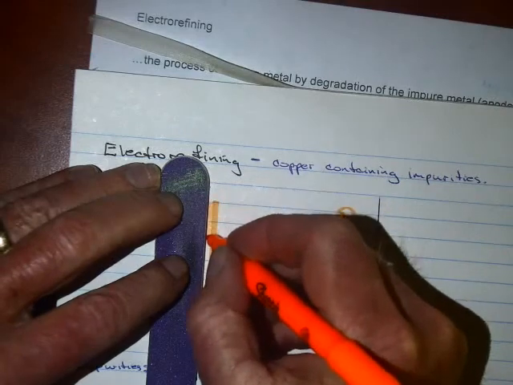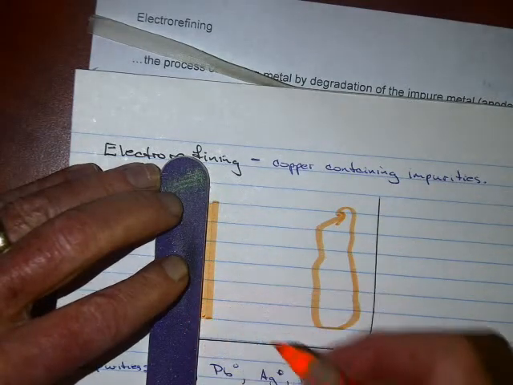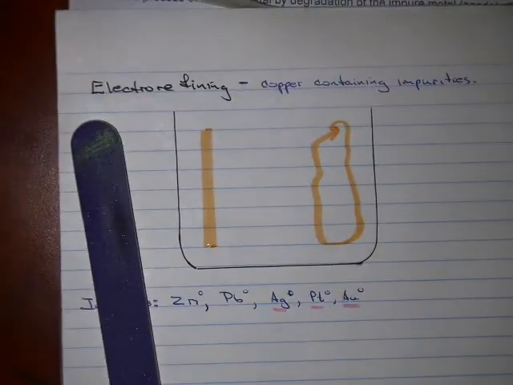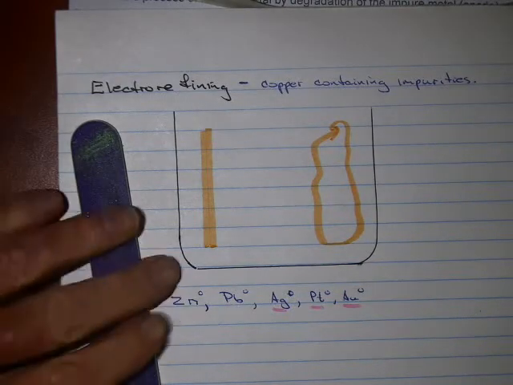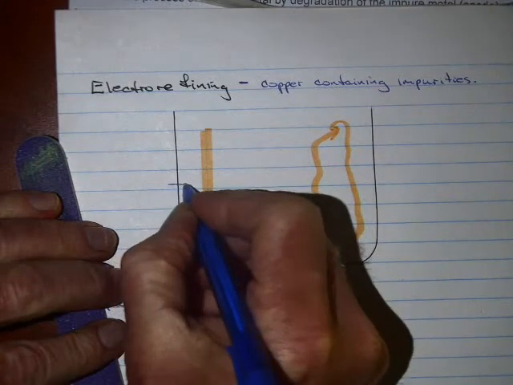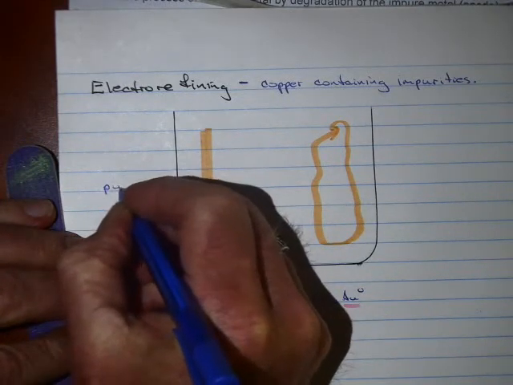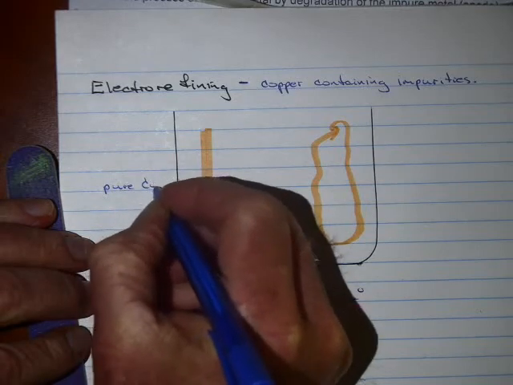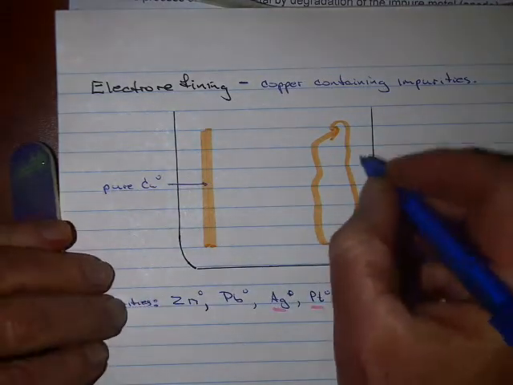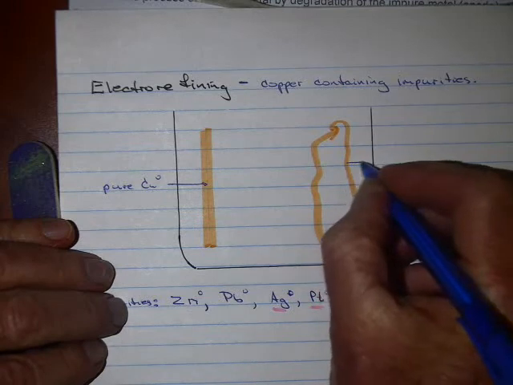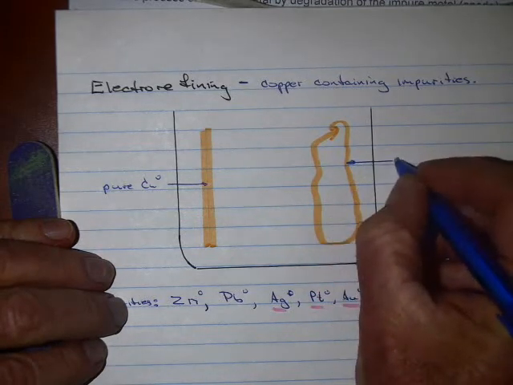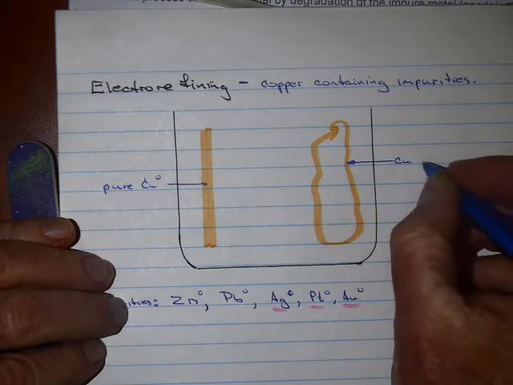I'm going to continue to coat this one. Okay. So this is pure copper. This is copper with impurities.